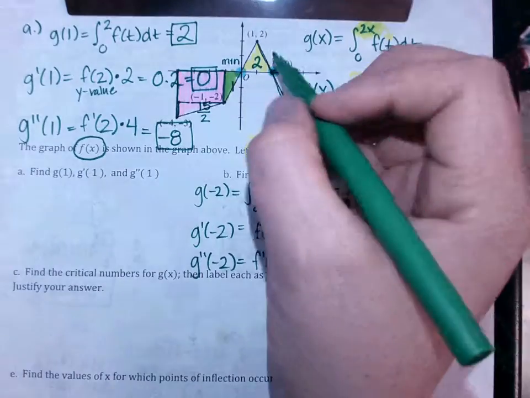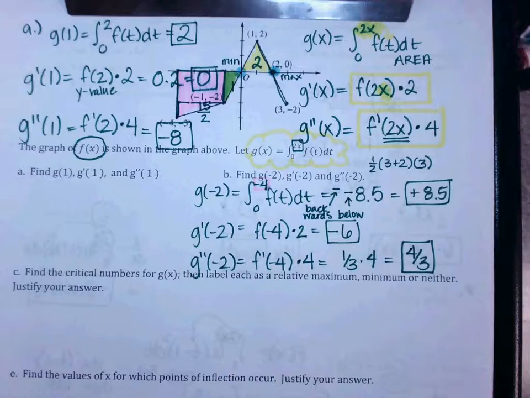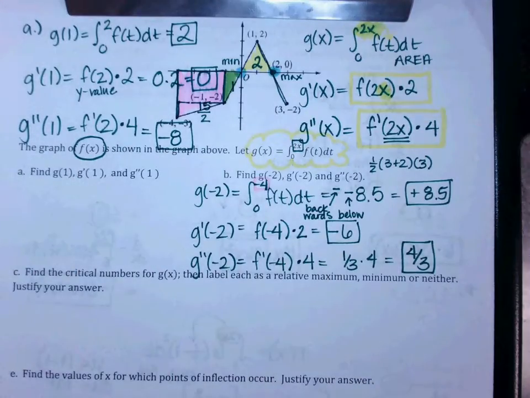Okay, and then over here, what will it be? Max. Okay, here's where it gets a little bit confusing. Are we all on the same page that this is a min, that's a max? So you want to write, my min happens at 0, my max happens at 2. Here's the thing you have to remember.